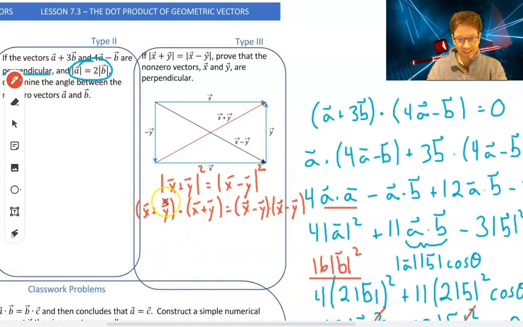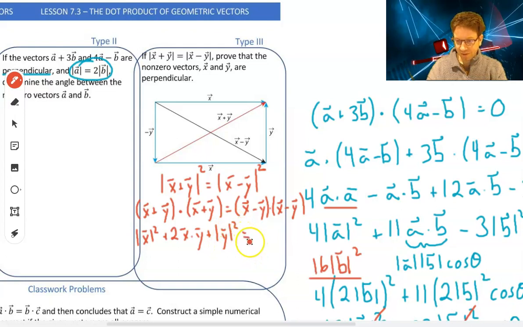So x and x, the dot product of x times itself, just is going to give us, again, the magnitude property, the magnitude of x squared. And then we have x dot y and y dot x, which is the same. So I can just write it as plus 2 x dot y. And then y dot itself, again, gives us the magnitude of y squared.